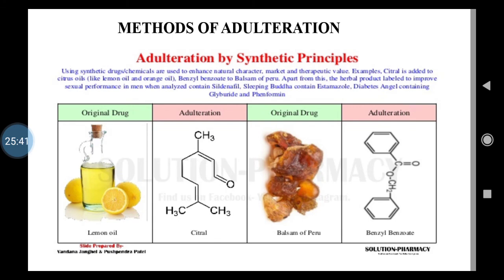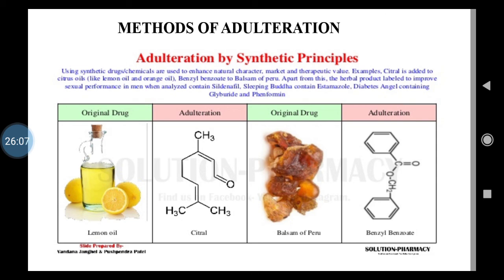Then next is adulteration by synthetic principles. These synthetic chemicals are taken and added to the genuine drug. Here, lemon oil we have already studied in perfumes and flavors.